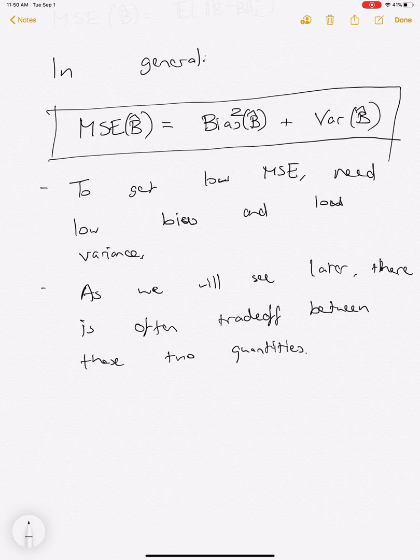As I mentioned, to get a low MSE, you need low bias and low variance, and so you want to find estimates that do that.